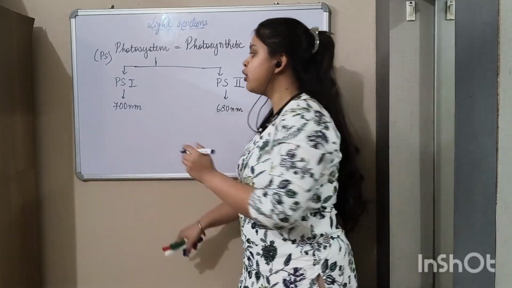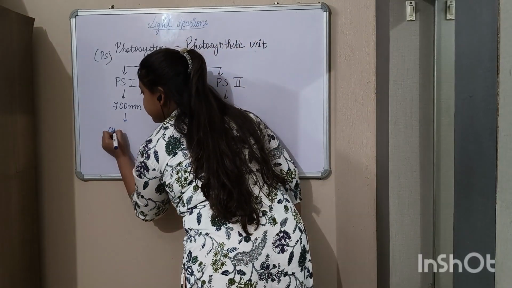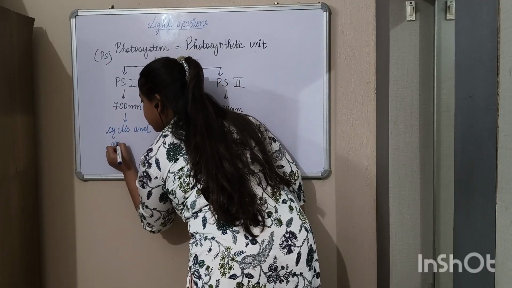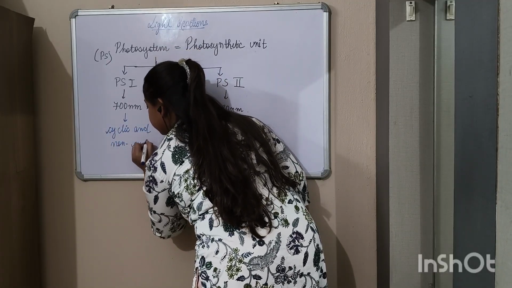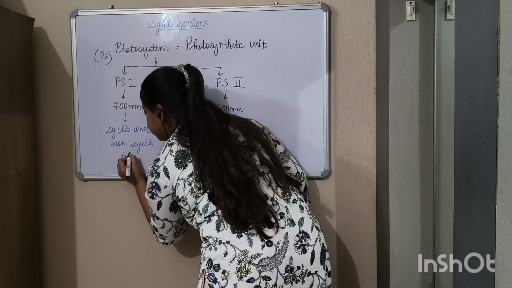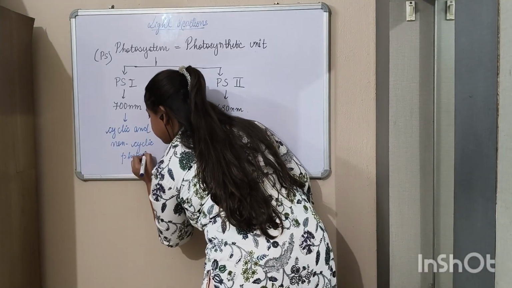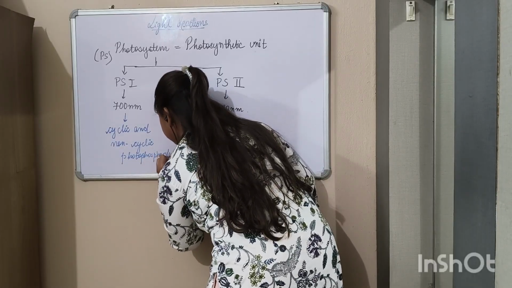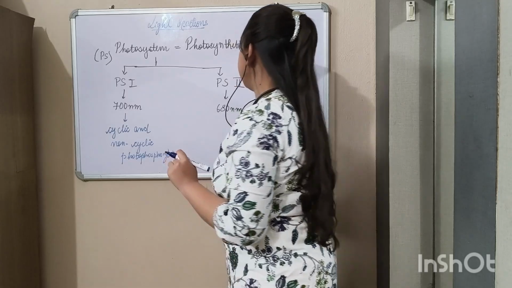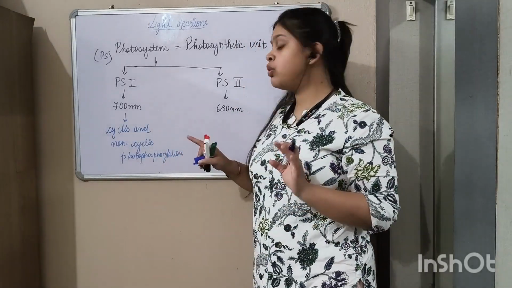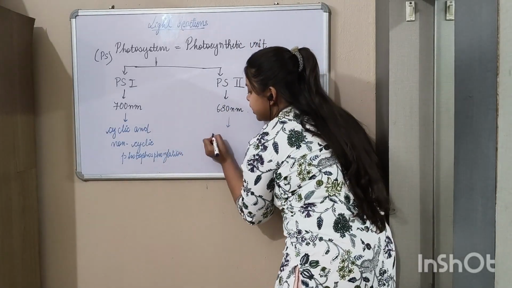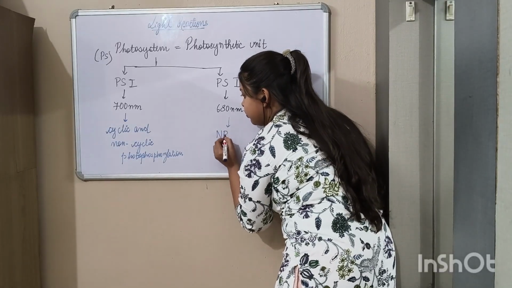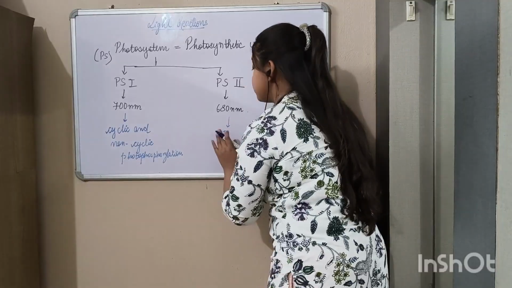Photosystem 1 is involved in both cyclic and non-cyclic photophosphorylation, and photosystem 2 is involved only in the non-cyclic photophosphorylation.